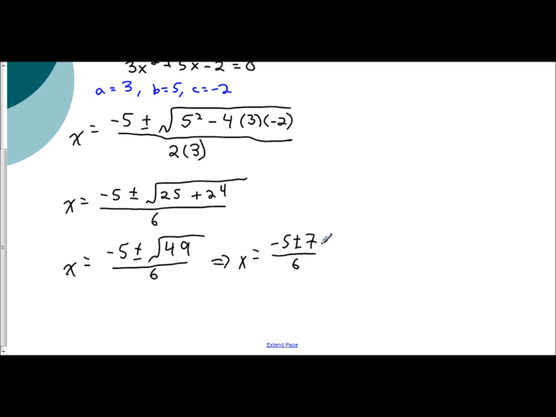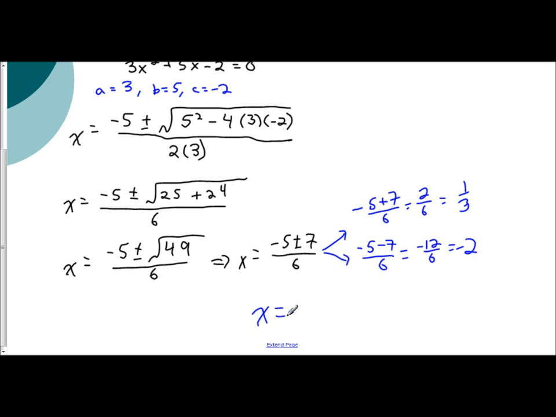So you break this down. You get negative 5 plus 7 over 6, which is 2 over 6, which is 1/3. And for the next one, negative 5 minus 7 over 6, which is negative 12 over 6, which is negative 2. And so my answers are x equals negative 2 or 1/3.